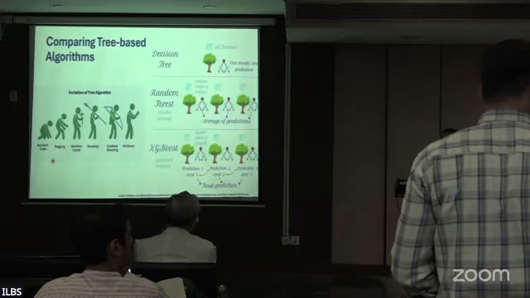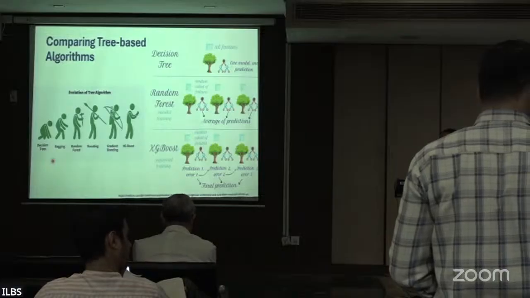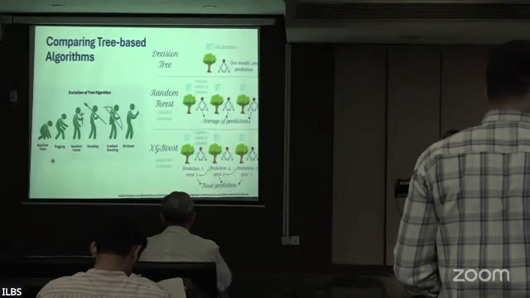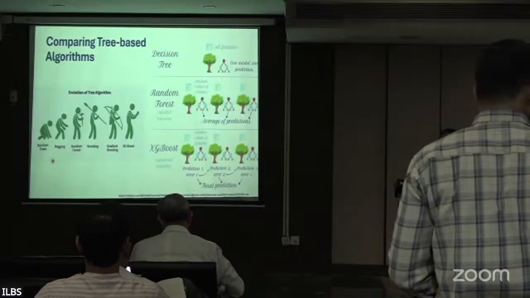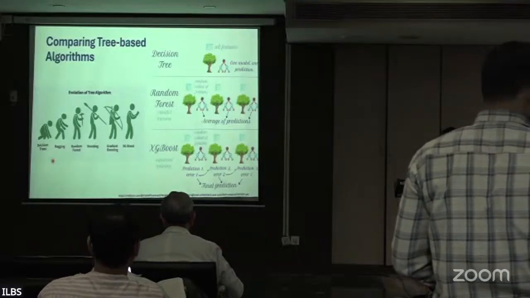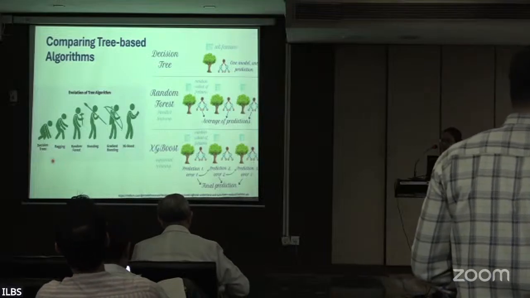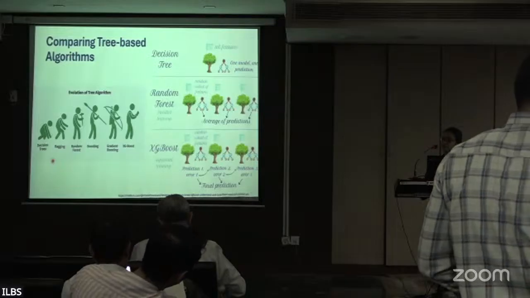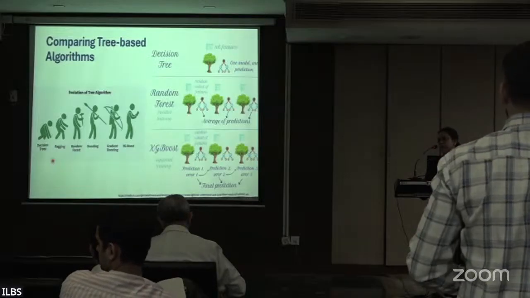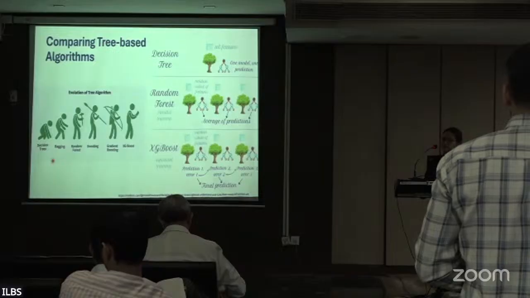Ma'am, any level of complex data can be handled by XGBoost or decision tree. It is complex, the time complexity will be more if the data is high. That can be doable, ma'am, also.